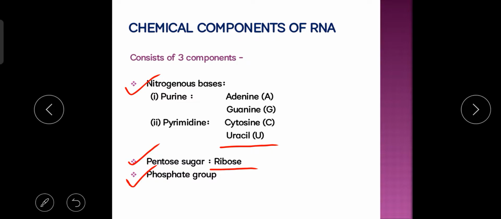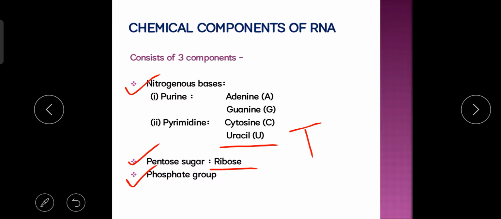So remember, in RNA the nitrogenous base thymine is replaced by uracil and the pentose sugar is always ribose sugar. And what is the difference between deoxyribose sugar and ribose sugar? Do you remember?